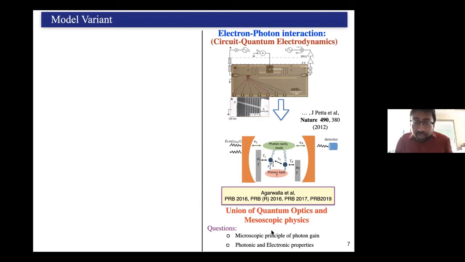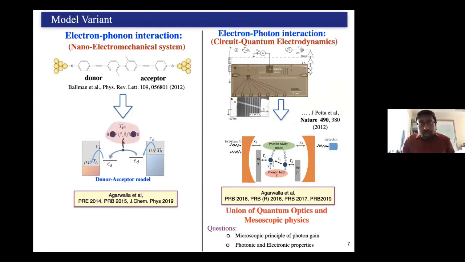But if you go to a quantum transport person, they will look at this device and probably interpret this photon as a phonon mode. There is a lot of study to understand electron transport in the presence of vibrational degrees of freedom, which we call phonons.